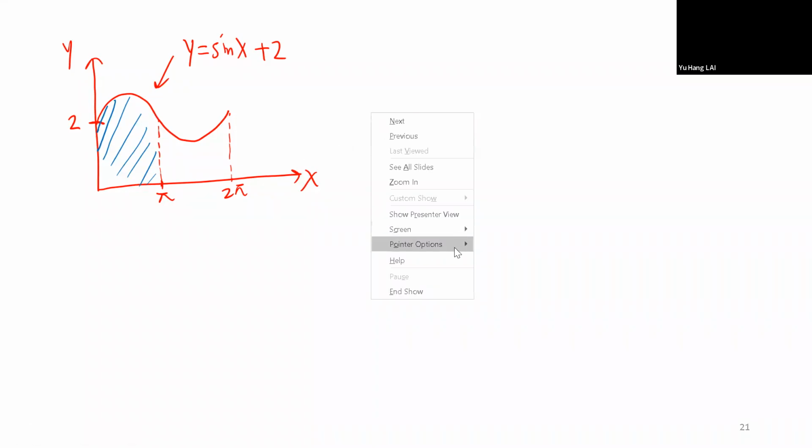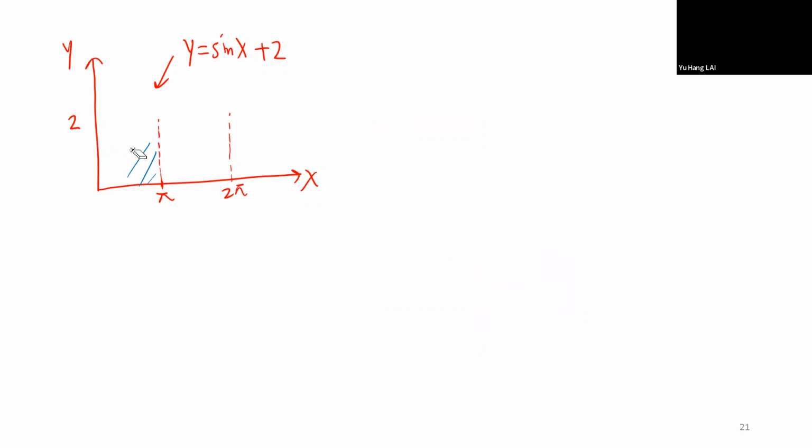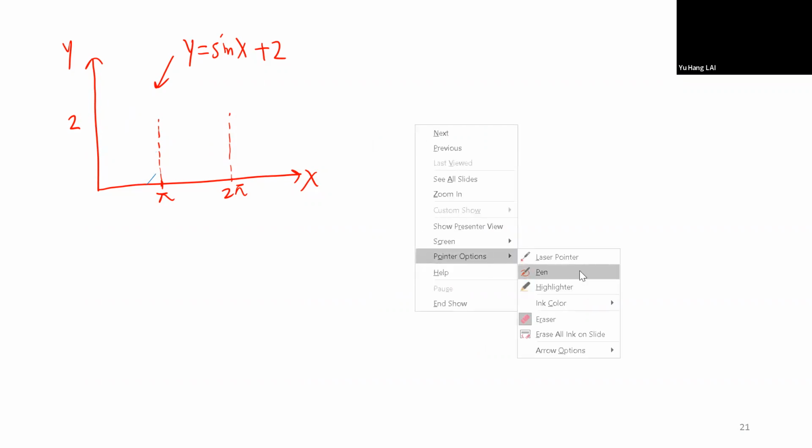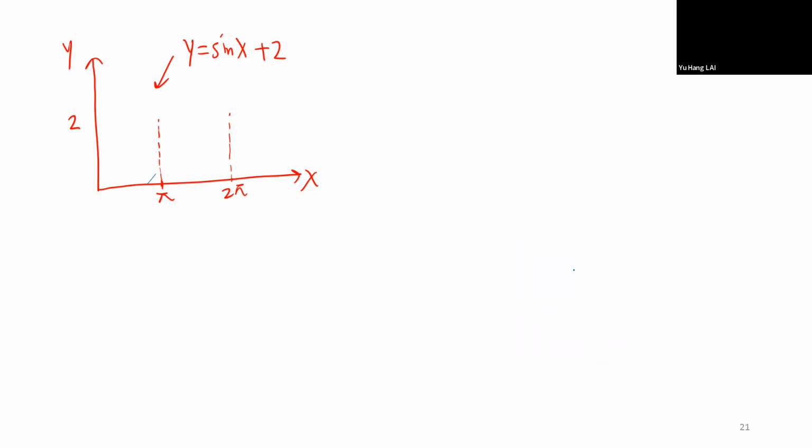If we do it horizontally, what you realize is that for all these slices, your limit is always going from 0 to pi.